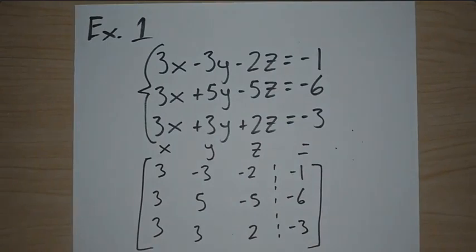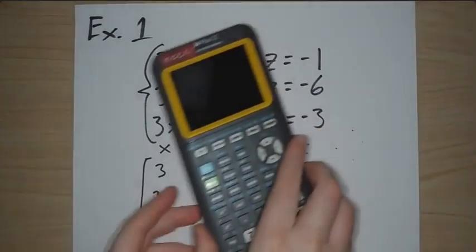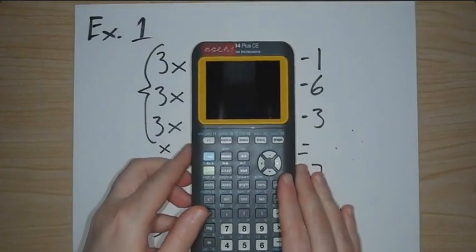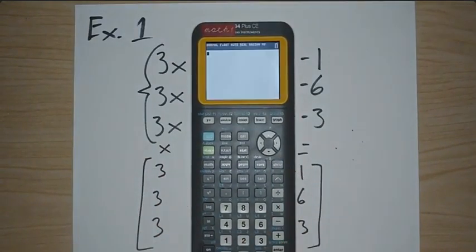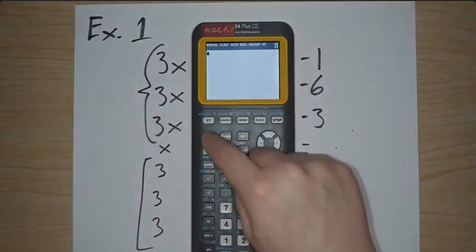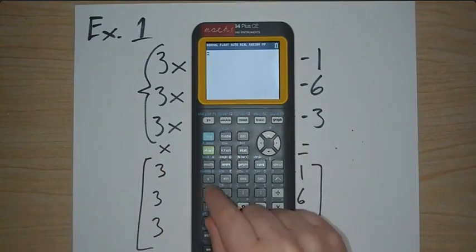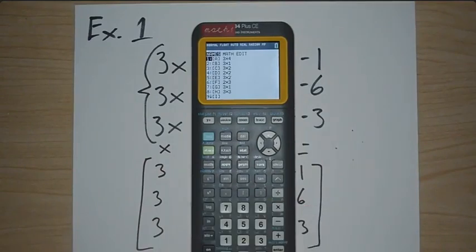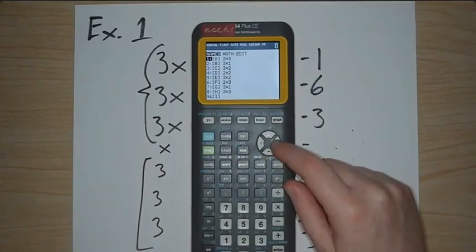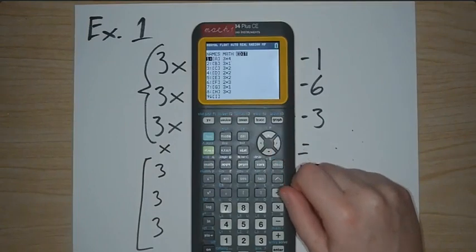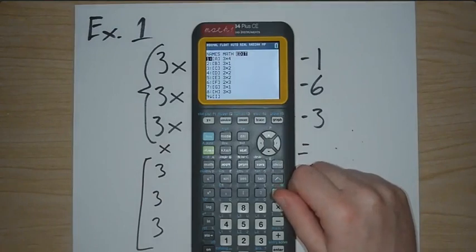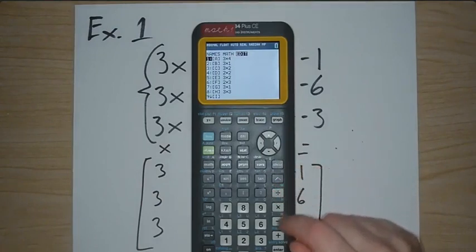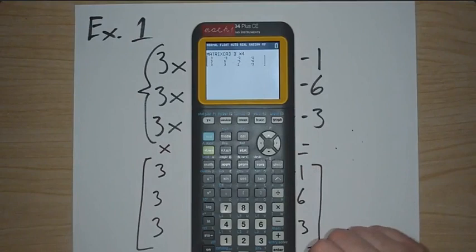So what we need to do next is get our calculator, and we're going to input the matrix that we just found. I'm going to press on, and we're going to go to matrix, which is the second button and our x to the negative 1 button. We see all of the names of our matrices. We go to edit, choose one of the matrices that we want to edit, and press enter.